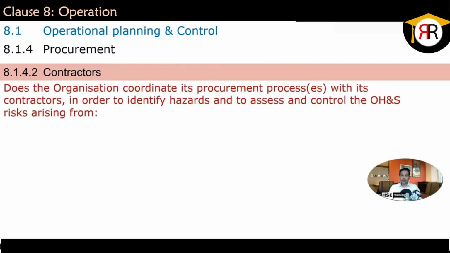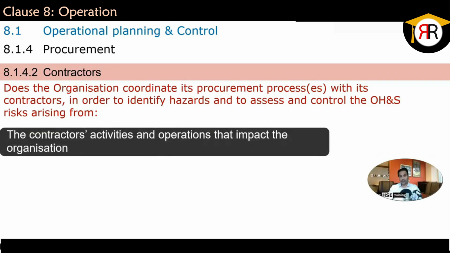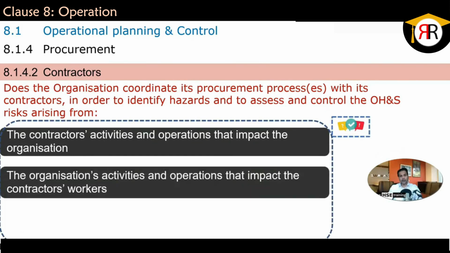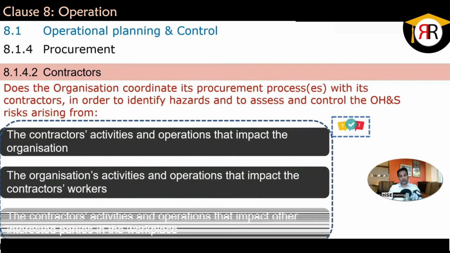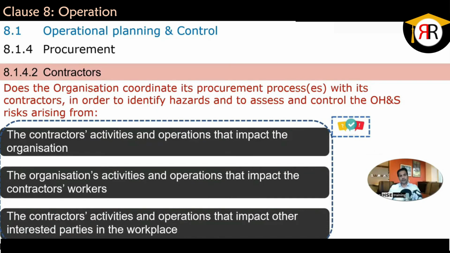Staying with contractors, does the organisation coordinate its procurement processes with its contractors in order to identify hazards and to assess and control risks arising from the contractor's activities and operations that impact the organisation, the organisation's activities and operations that impact the contractor's workers, and contractors' activities and operations that impact other interested parties in the workplace?